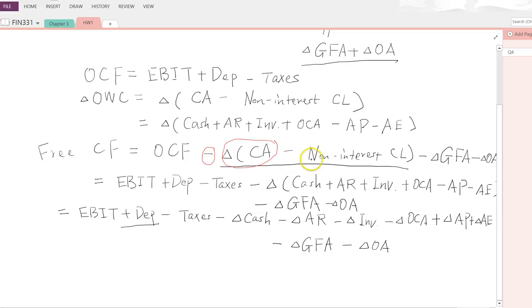And for the change in non-interest-bearing current liabilities, we have a negative sign inside the parentheses, but we also have a negative sign outside it. So these two negatives become positive. So we need to have a positive non-interest-bearing current liabilities, and we already explained why we have positive previously.